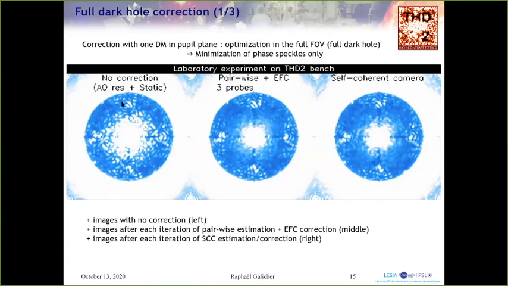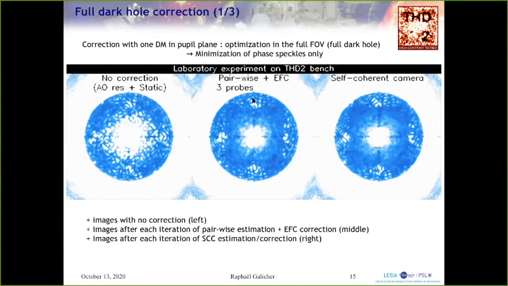So on the left, on this movie, you have the statics plus the AO residuals for several finite exposures. There is no correction, so for sure you are limited by the speckles. Then in the middle, you have the correction using the temporal modulation of the speckles, and on the right is the spatial modulation of the speckles.